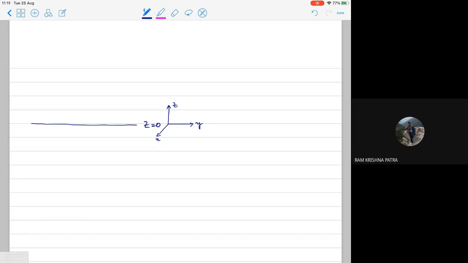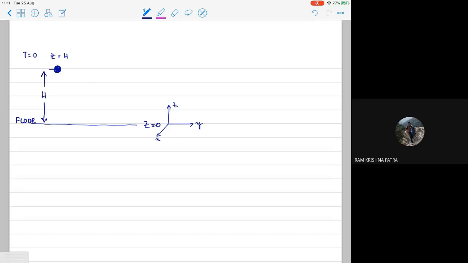What I do is, at some arbitrary height h above the plane, or whatever I am calling the floor, I take a ball and I drop it down from rest. So initially at t is equal to 0, z was equal to h. That is the height from which I drop the ball, and I just drop it.